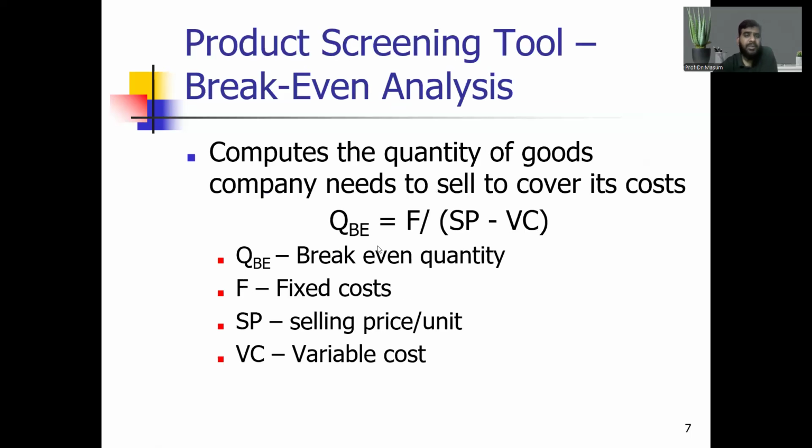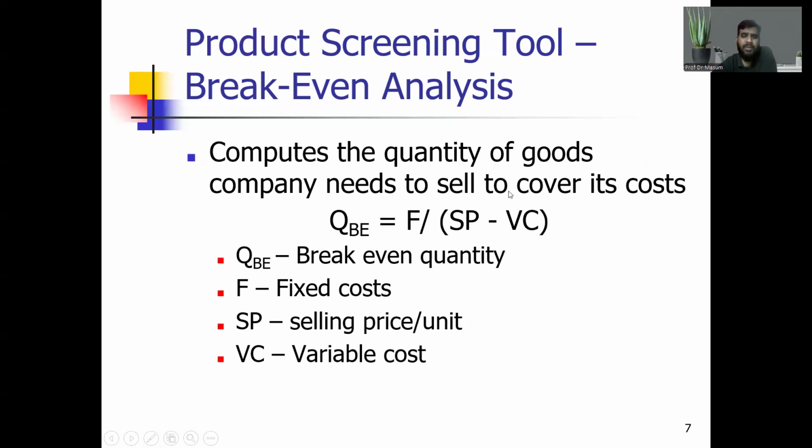And the second step, when you are screening the product idea, you can use the break-even analysis. Break-even analysis computes the quantity of goods the company needs to sell to cover its cost.